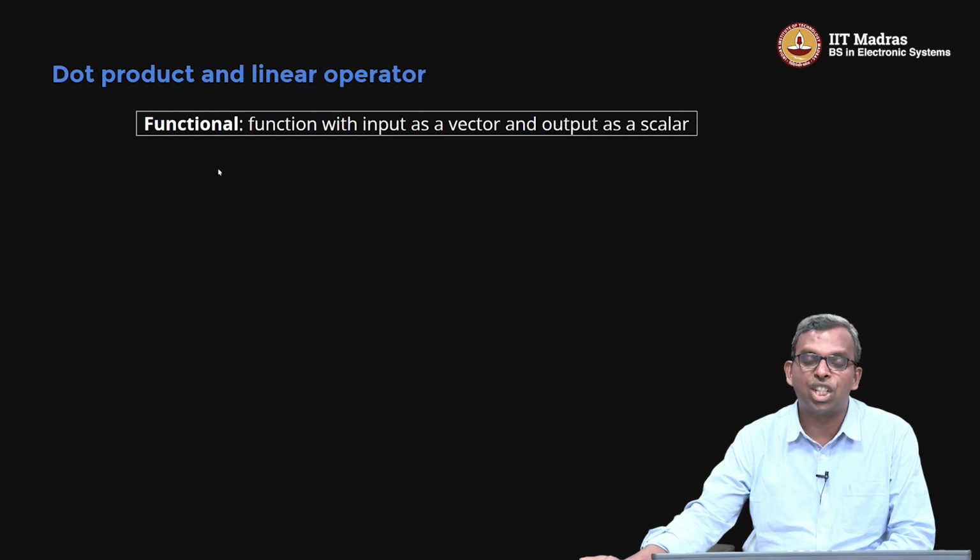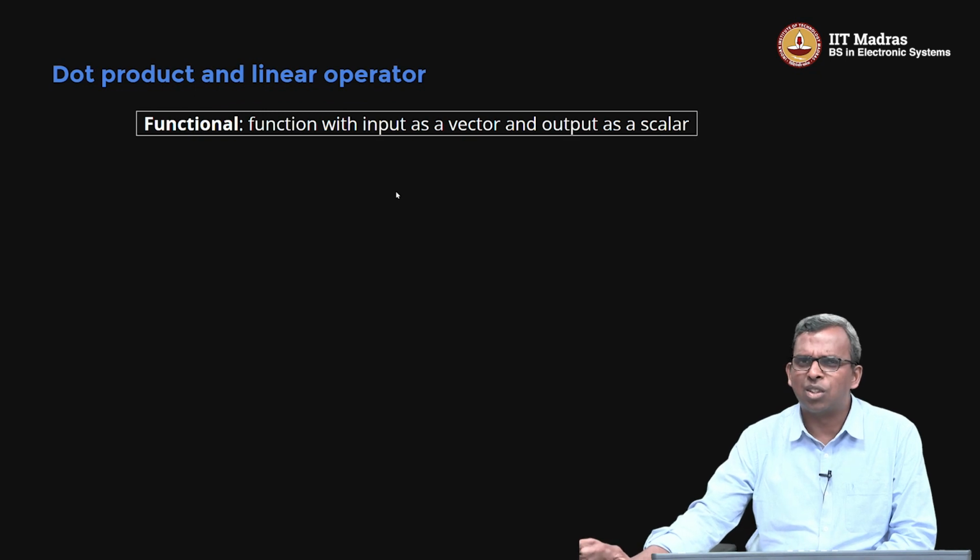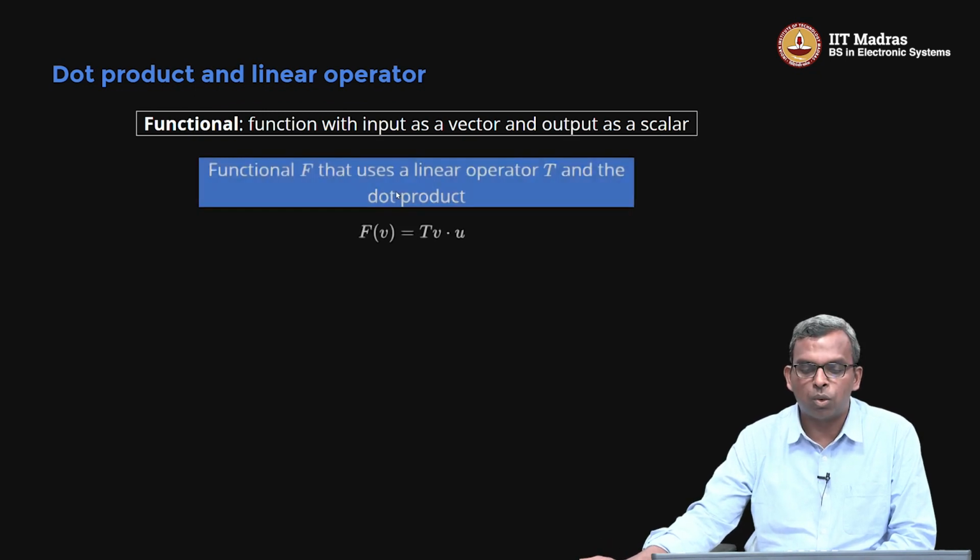A function usually is from scalar to scalar. That's what we think of as a function. Functionals take more complicated quantities like vectors or something bigger and then output a scalar. Now using the dot product and linear operators, you can create a functional. That's at the heart of this whole business of adjoint and all that. You'll see how this works.